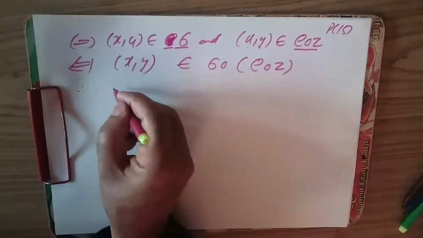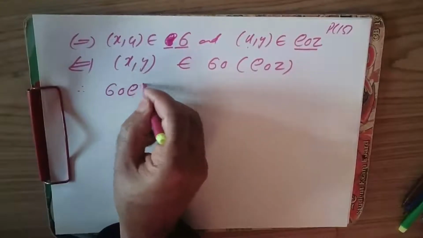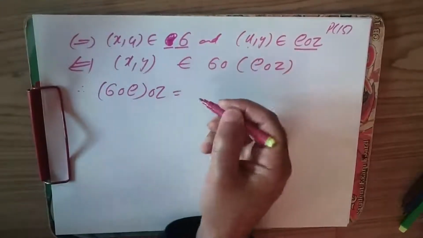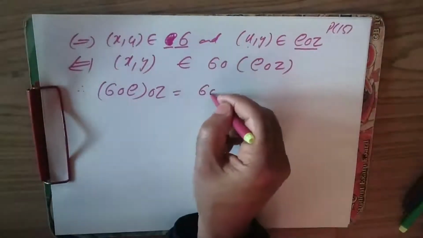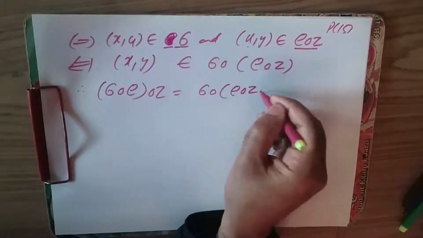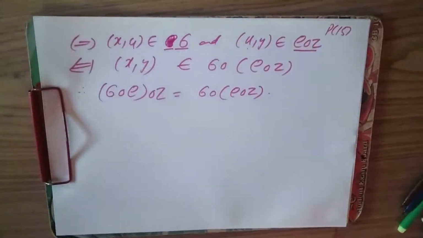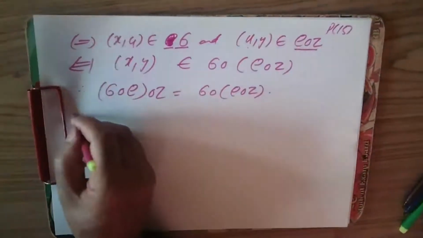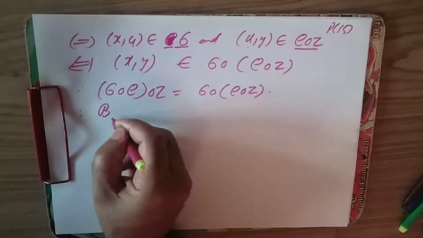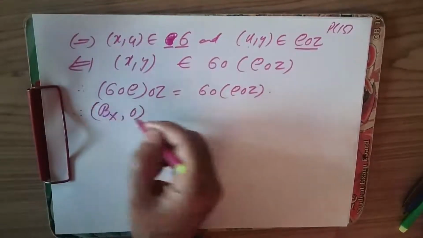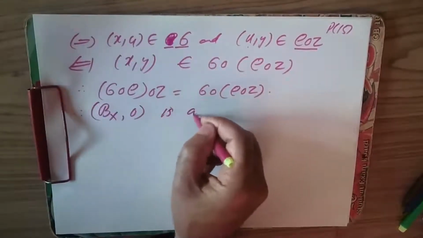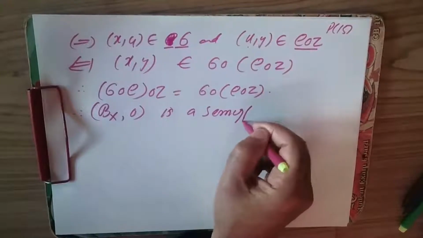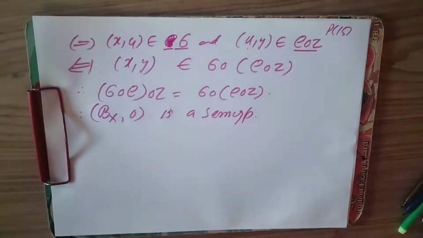Therefore the two are equal, and B(X) with this binary operation is a semigroup.